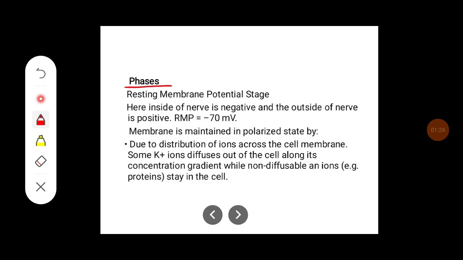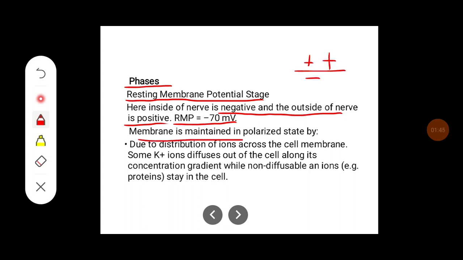As I said, there are different phases, that is the resting membrane potential stage. Here inside the nerve the potential is negative, and outside the nerve it is positive. So that's why the resting membrane potential is always negative inside the cell compared to outside the cell.